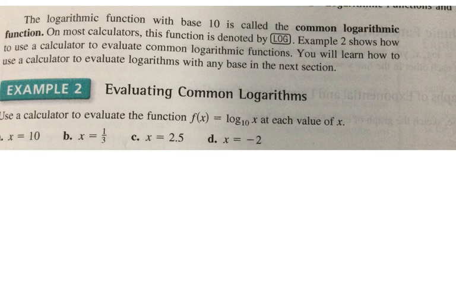So this is saying, let's see how many of these we can evaluate without a calculator, but some of them we're not going to be able to. So right here, if I plugged in 10 for x, that means I am taking log of 10. So what's this asking? 10 raised to what is 10? The first power. Right? 10 to the first power is 10.